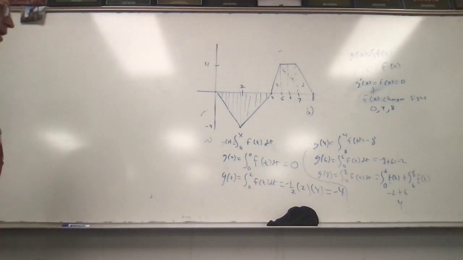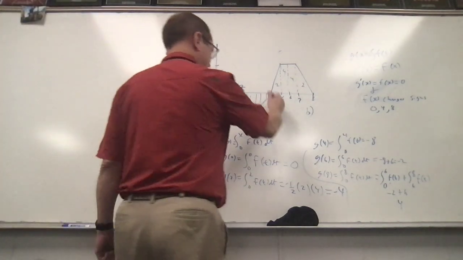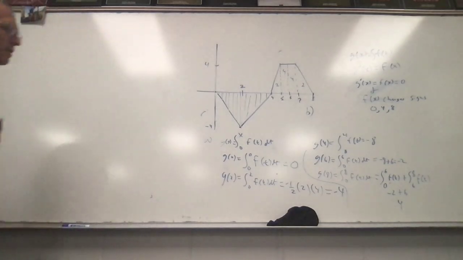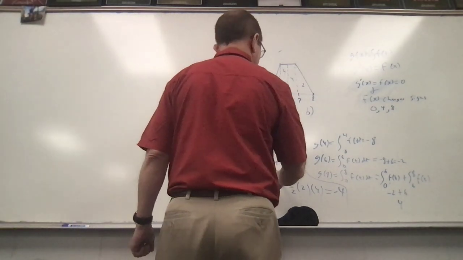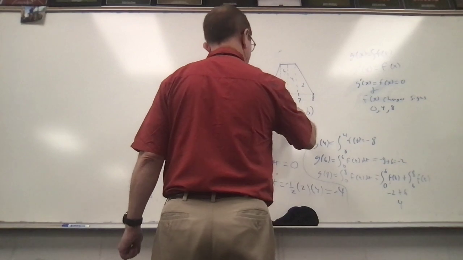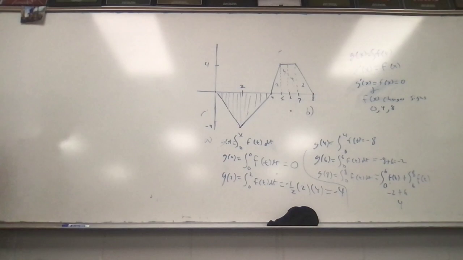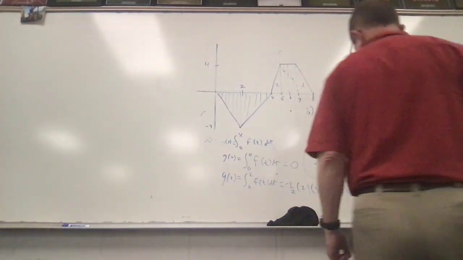Now, at 4, I've got 4, negative 8, so I've got to actually go down here. I should have thought about that before I did this. All right, now, past that, g of 6 is negative 2. So I'm here at 4, then I jump up here to negative 2 at 6. And then I'm at positive 4 when I'm at 8.